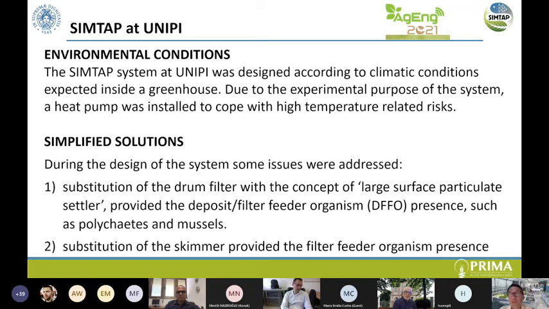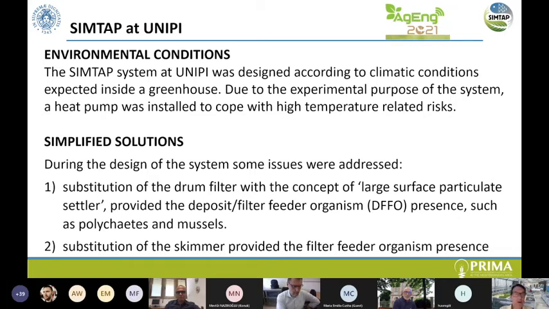At the same time, we want to assess the possibility of having an IMTA system using some deposit filter feeder organisms, to what extent they can remove some wastes from the water, balancing the system itself.